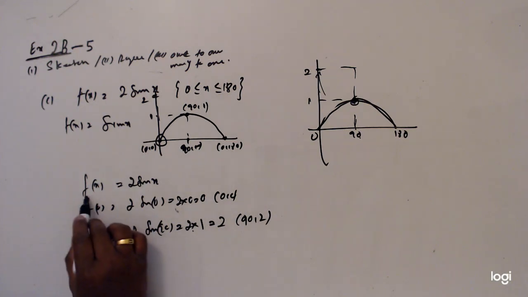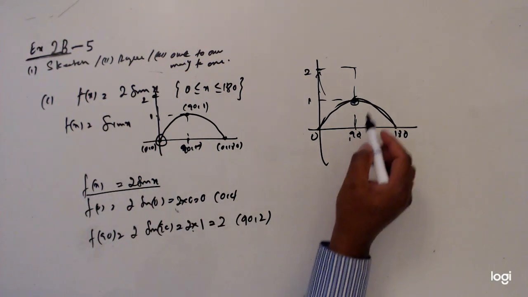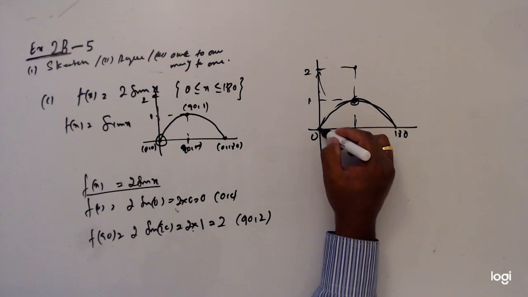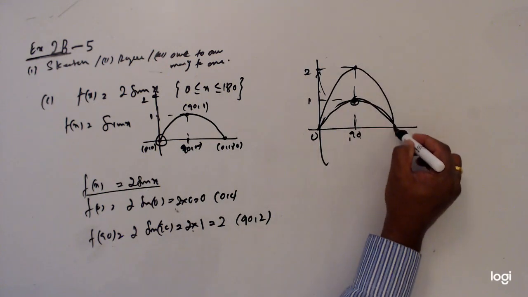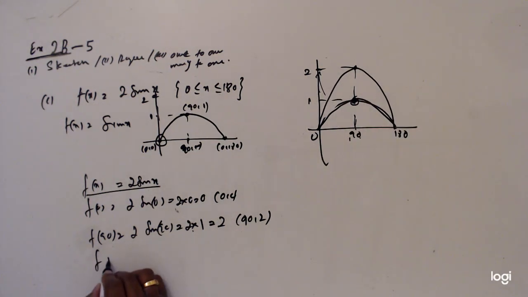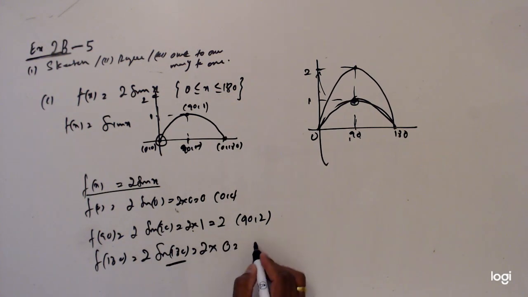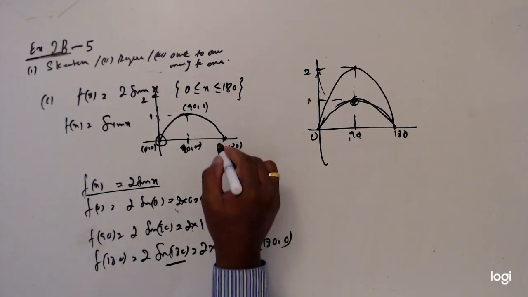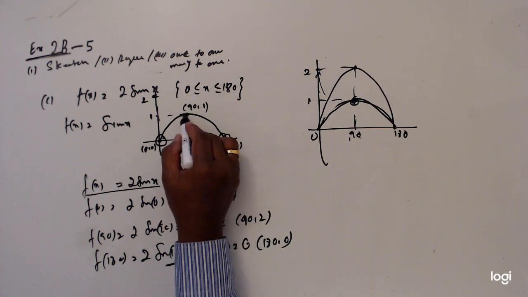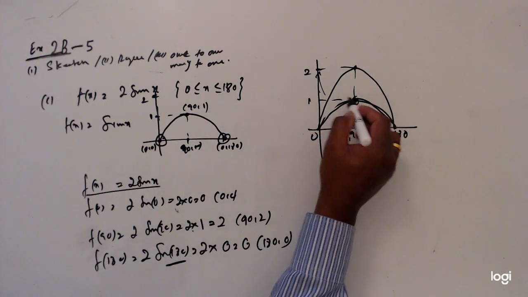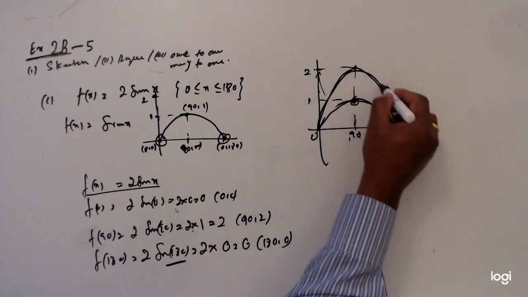Now for this graph f(x) equals 2 sin x, 90 means it is here now. If 180, again I will check this point, 2 times sin 180 means 0 again. So this is 0, so (180, 0). So those 2 points are as they are, this 1 becomes 2. So now this is the graph.